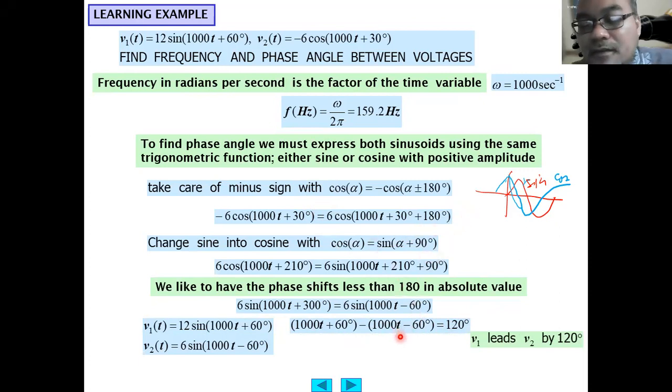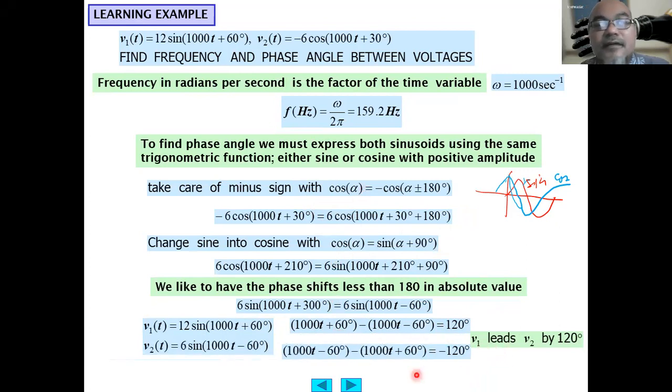It means V1 leads V2 by 120 degrees, or V2 lags V1 by 120 degrees.